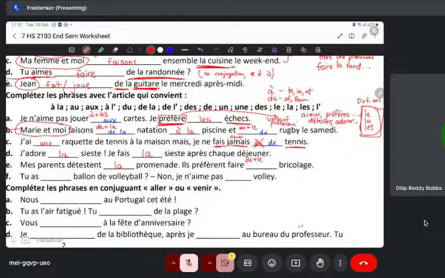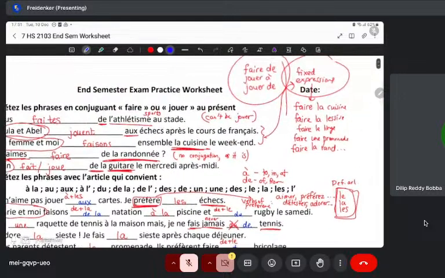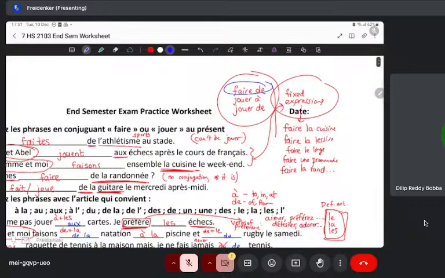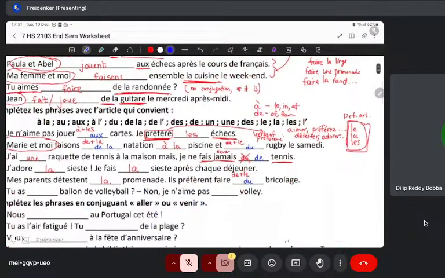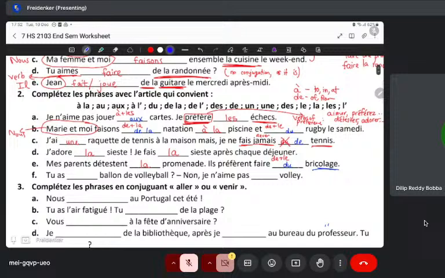So you'll get LE, so finally you'll get DU. Préférer is here, but there is no blank after it, so I am not thinking about verbs of preference. After préférer, if there is a blank, then I will think about verbs of preference. But fine, now it's just our usual faire de. This is masculine, that's why LE came.